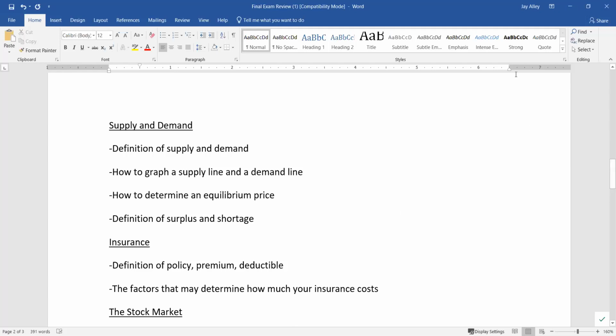And what are some of the things that are going to go into how much your insurance actually costs? Does age make a difference? Yes. Sure. 18-year-old males are going to pay more for car insurance than a 70-year-old male will.